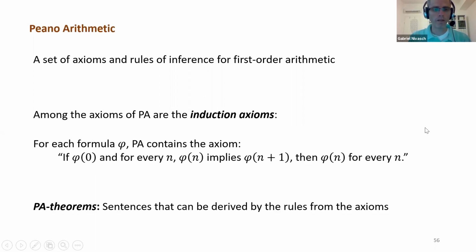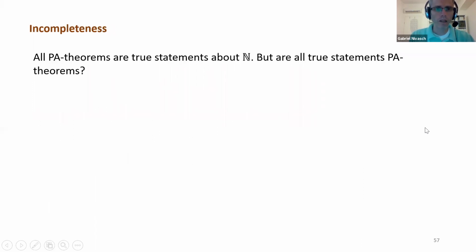And the PA theorems are all the sentences that can be derived from the axioms by the rules. Okay, and so all PA theorems are true because the axioms are true and the rules follow logic. But is every true statement a PA theorem?